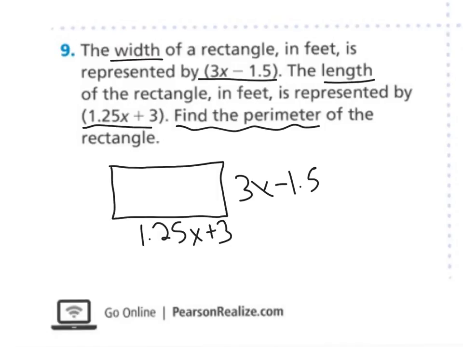We know on a rectangle, how many lengths do we have? 2. How many widths do we have? 2. Good. So if you want to draw this out so you can see what's happening, and then to find the perimeter, what would we do with our sides? Add them together. Good.